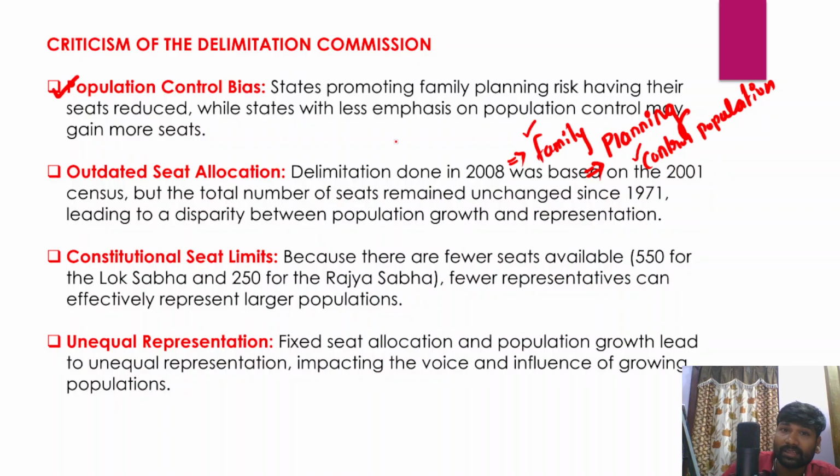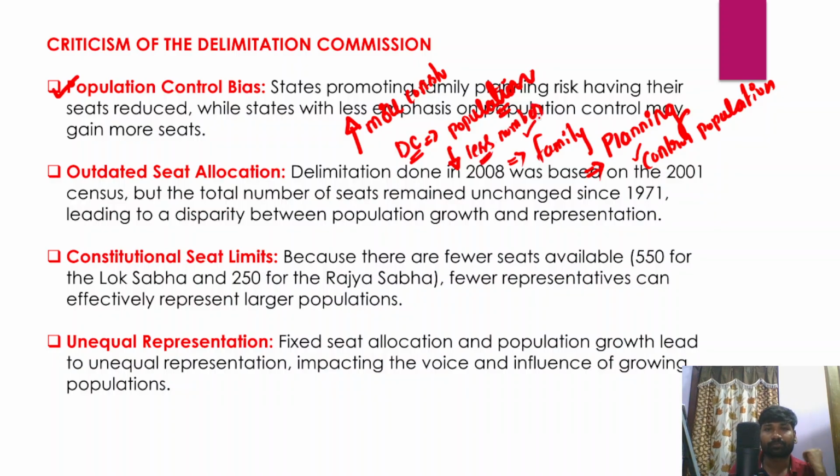But here the Delimitation Commission has been dividing the constituencies based on population, right? So this essentially means that high population means what? High population means more constituencies in Lok Sabha, and lower population means fewer constituencies in the Lok Sabha.